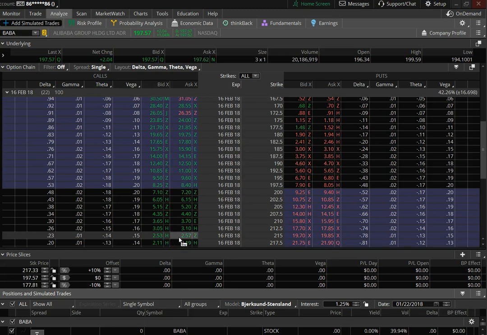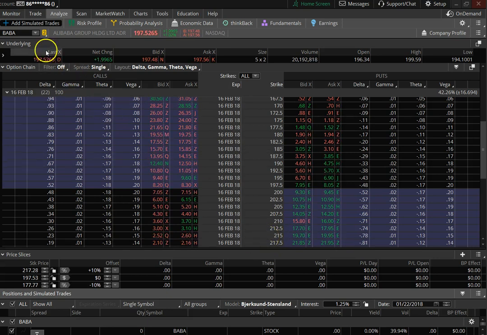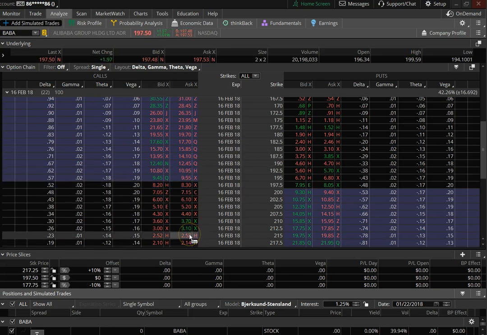So they get hit. They have a strike price of 215. The stock is sitting at 197, and you have 22 days for this thing to move from 197 not only to 215, you have to move to 215 plus the premium you paid, which is $2.56.